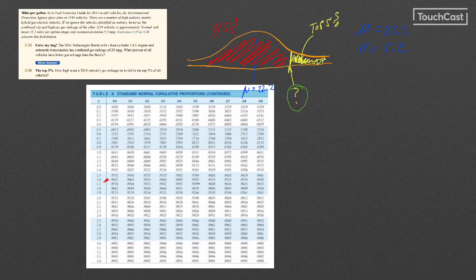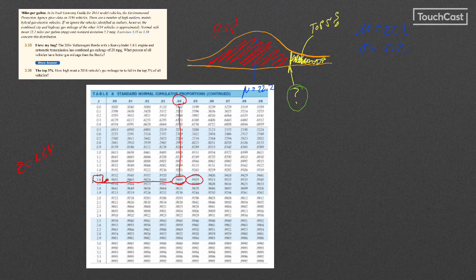This one right here goes over 0.95, so it's this one here that we want, the 0.9495. We can follow this back to the 1.6, and then up to the 0.04, and what we get is z equals 1.64. So that is our z value for the 95%.